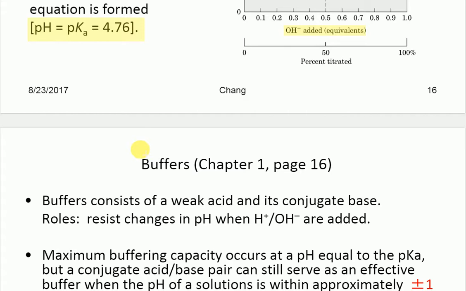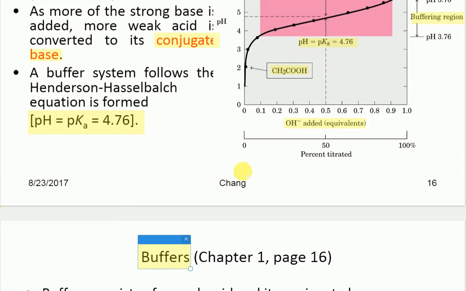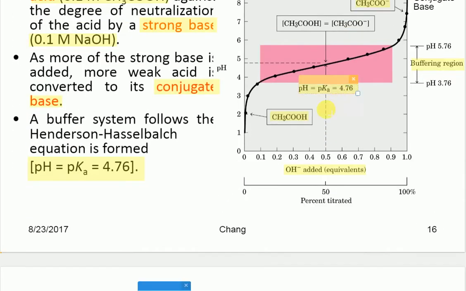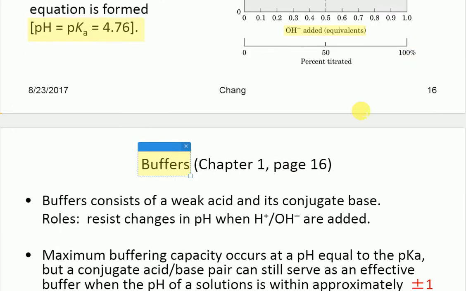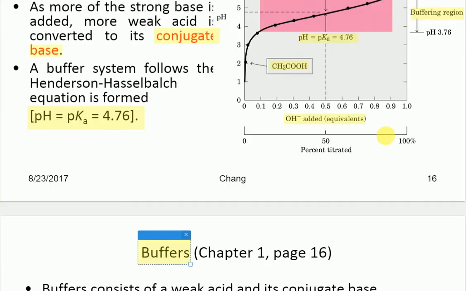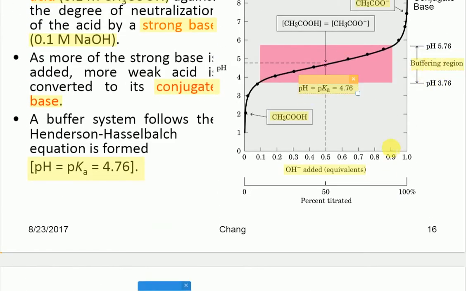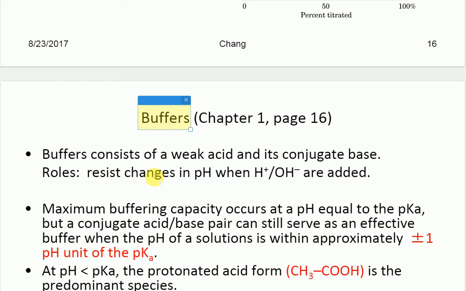Okay, now continuing on with buffers. So buffers consist of a weak acid and its conjugate base. So similar to what we learned up here: weak acid and its conjugate base. That's how we get our buffer. So the roles include resisting the changes in pH when acids and bases are added.